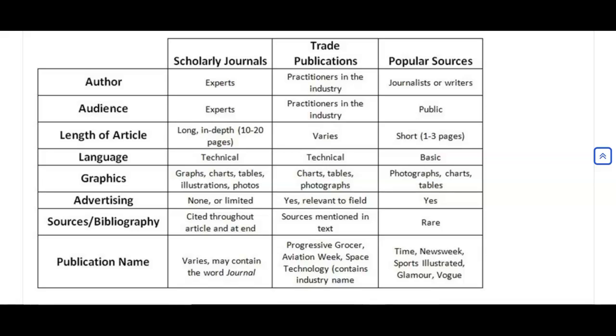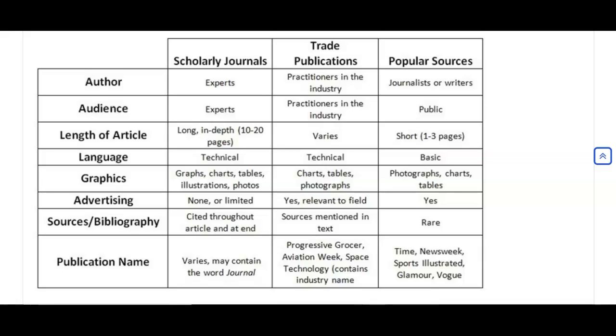So they want it to be able to be read by a wide variety of people. You'll often see advertising here, and you usually do not find references. They may be mentioned within the text, but you're definitely not going to find a formal works cited list. So again, popular sources, think of those as magazines. So things like Time, Newsweek, Sports Illustrated.